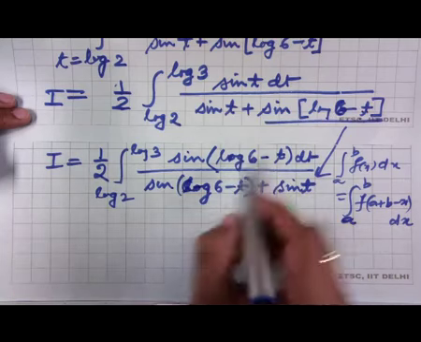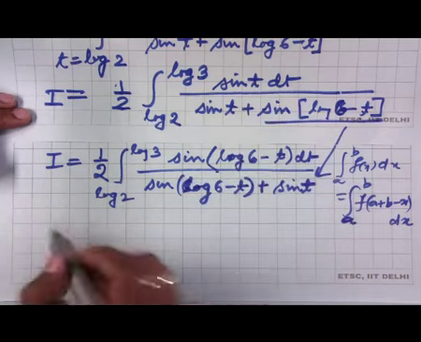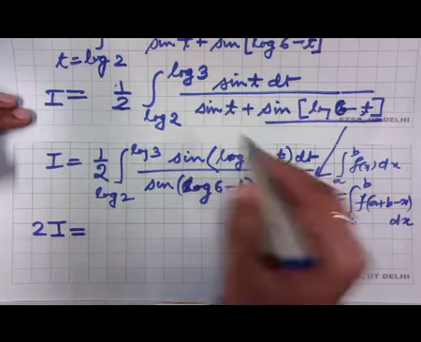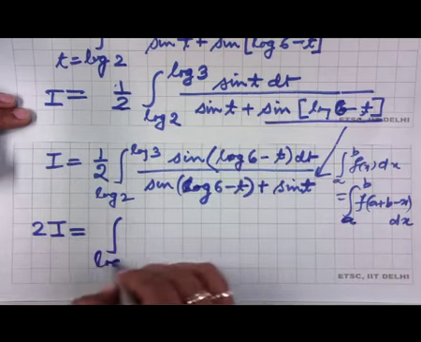If you add these two integrals, numerator and denominator will be the same, so they get cancelled.